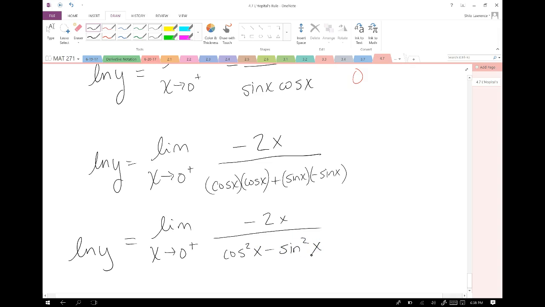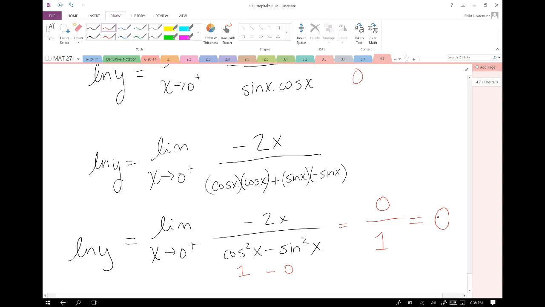And let's try again. Now if we plug in 0, I get negative 2 times 0 in the top, which is 0. In the bottom, cosine of 0 is 1. Sine of 0 is 0. So I've got 1 minus 0, which is 1. This is not indeterminate. 0 divided by 1 is 0.